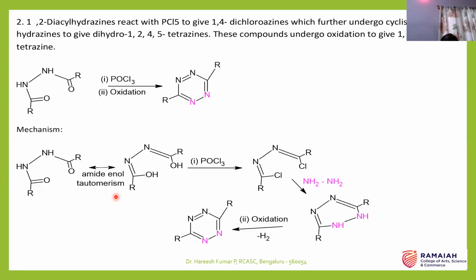I will go to the next slide. So here I am taking hydrazine, NH2NH2. When it is acylated, what is the product obtained? Diacyl hydrazine. Diacyl hydrazine, when it is treated with phosphorus oxychloride followed by oxidation, gives rise to 1, 2, 4, 5 tetrazine.